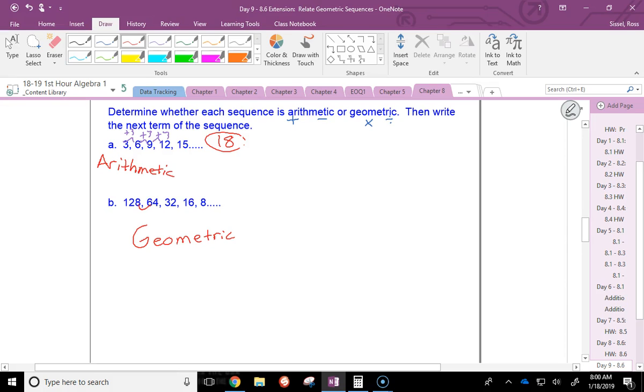So I could either say I'm multiplying by a half or I'm dividing by 2. Instead of saying divided by 2, I probably use multiplying by a half. What would be the next number in our sequence?